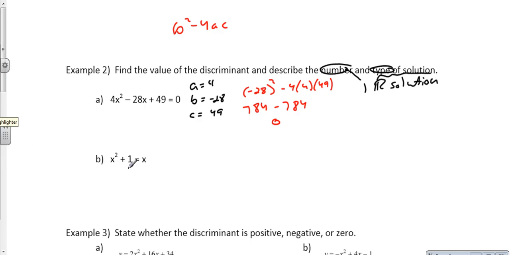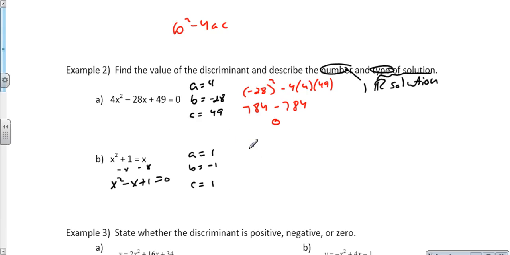In this one, we have to make sure it's in proper standard form. So we get x squared minus x plus 1 equals 0. In this case, a is 1, b is negative 1, and c is 1.